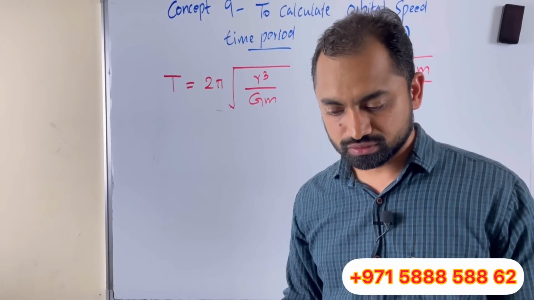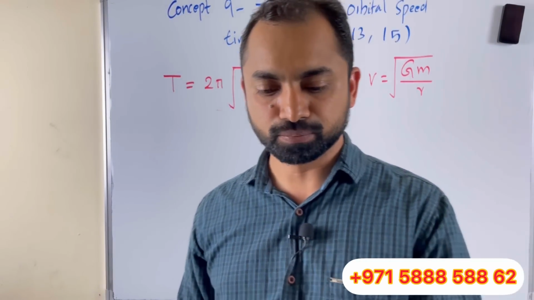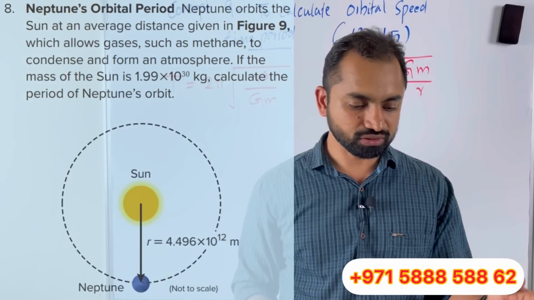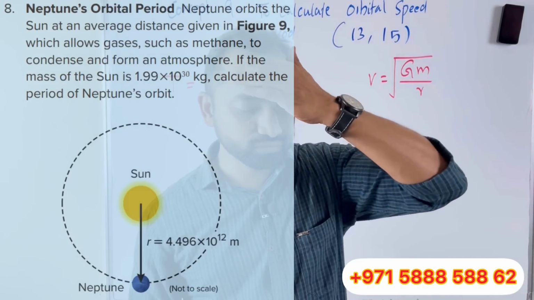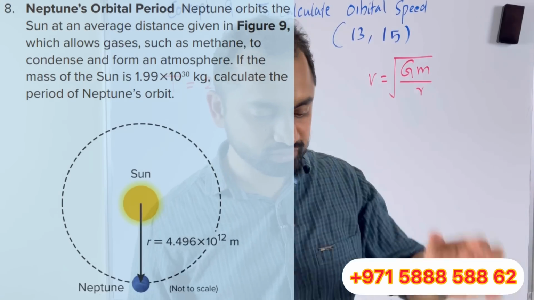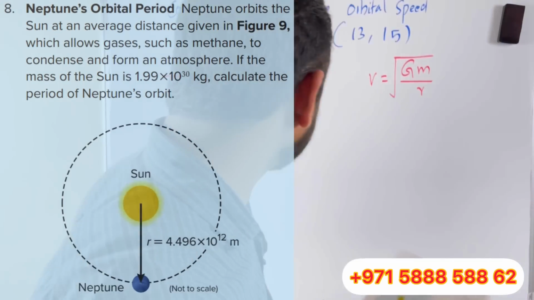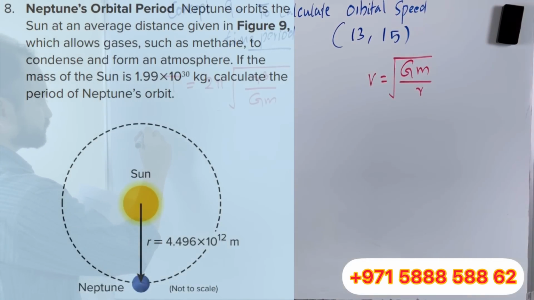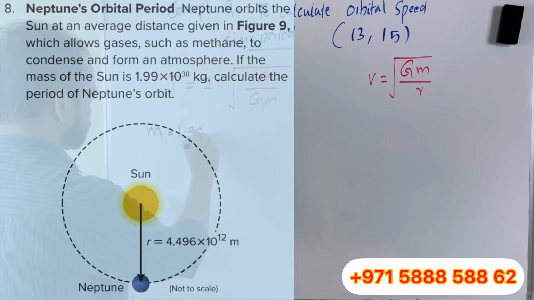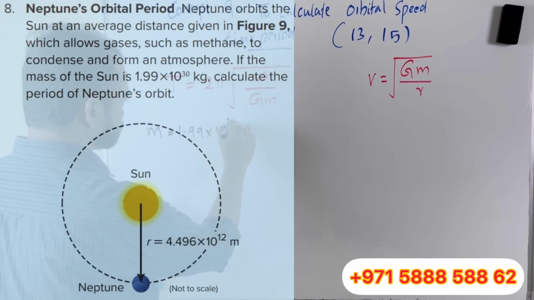So a question to calculate Neptune's orbital time period. Here the mass of the Sun is given in this question: mass of Sun is equal to 1.99 times 10 to the power 30 kilogram.